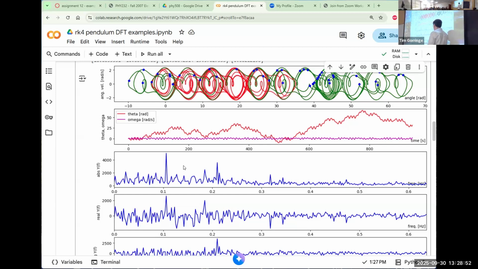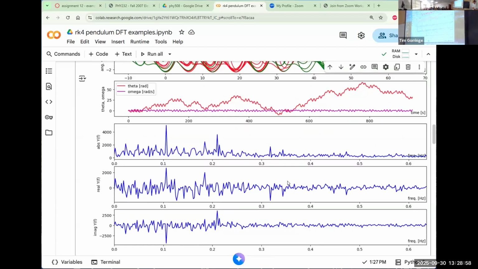We no longer have the steady state region. These are the three Fourier transforms: the absolute part, the real part, the imaginary part. They look very noisy. They're not just random noise.